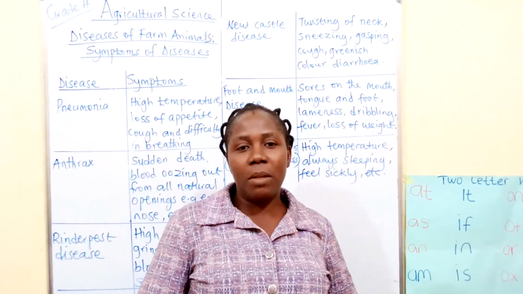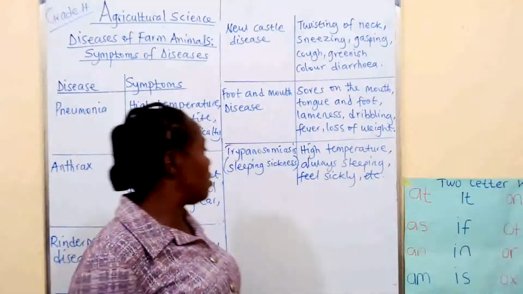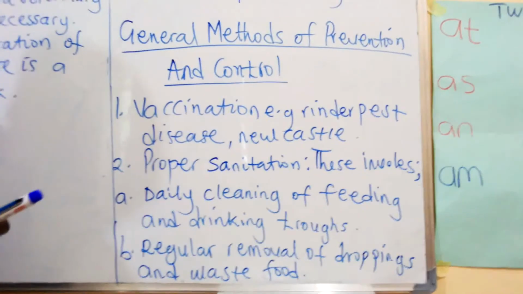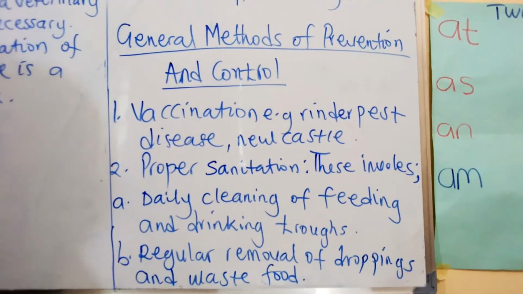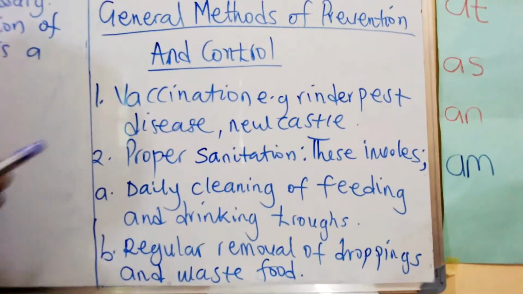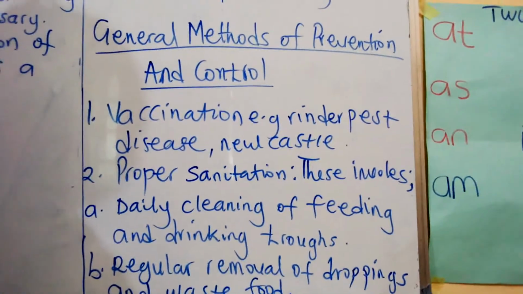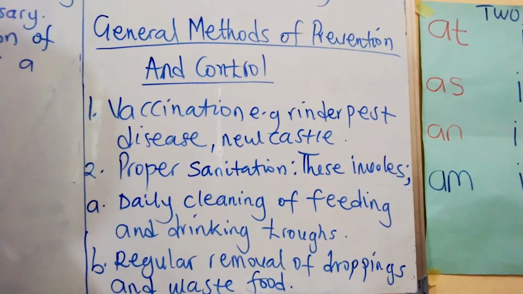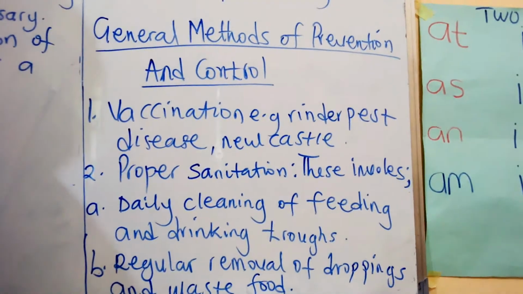diseases of farm animals. All right, let's just write what we have just talked about. Here are the methods of prevention and control of farm animal diseases. Number one, we have said vaccination. Examples of diseases that can be vaccinated against are rinderpest disease and Newcastle disease.